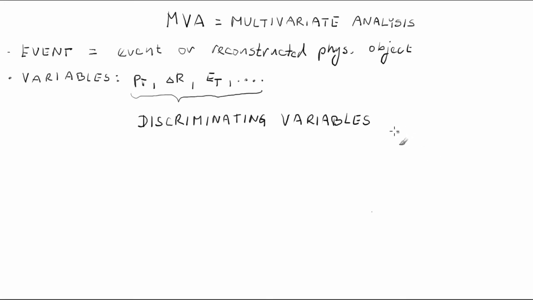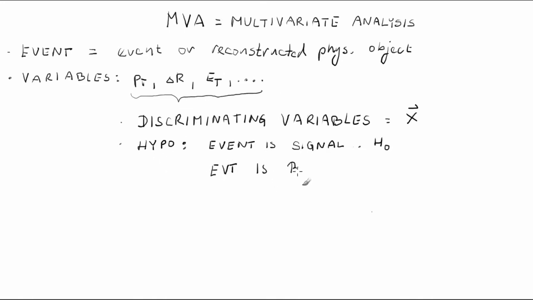Throughout this chapter, we will denote the set of discriminating variables X vector. Also, we will always test the hypothesis that the event, or the object, is signal. This will be the null hypothesis H0. The alternative hypothesis H1 will be that it is some background.